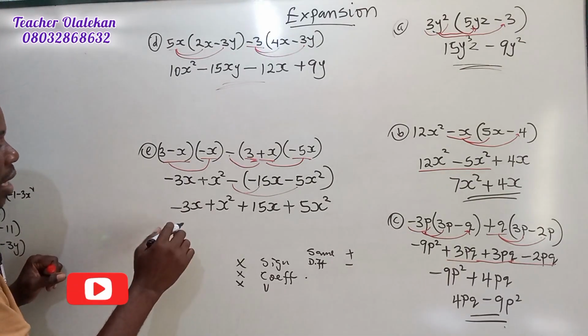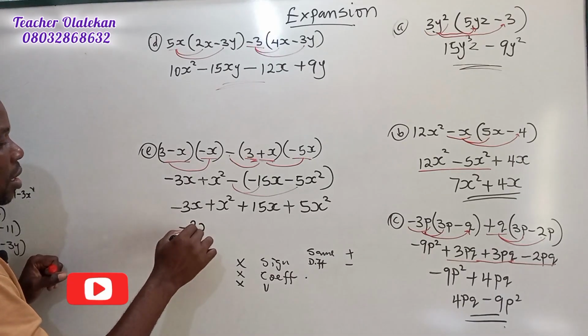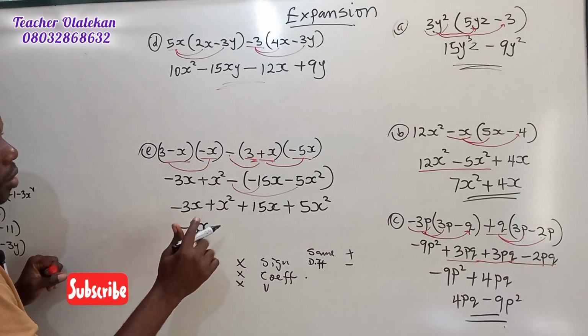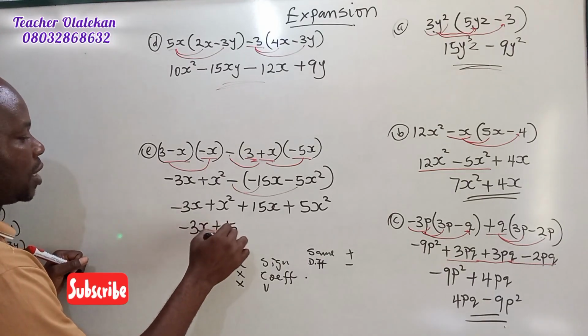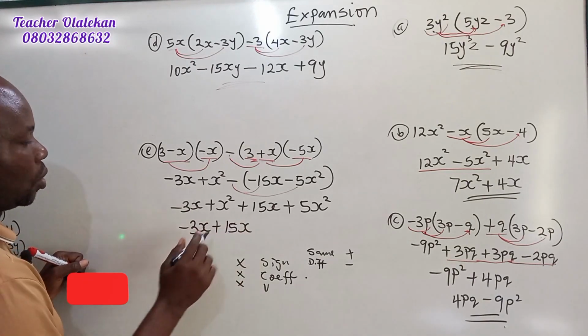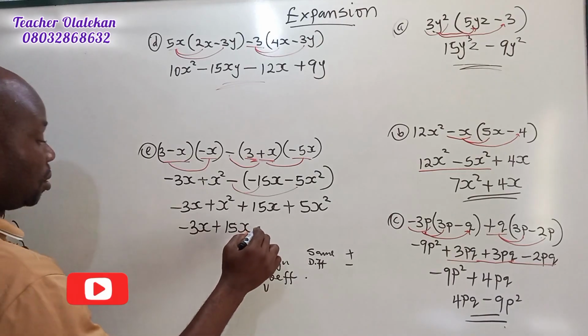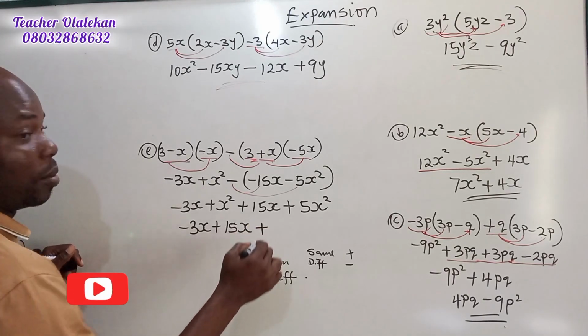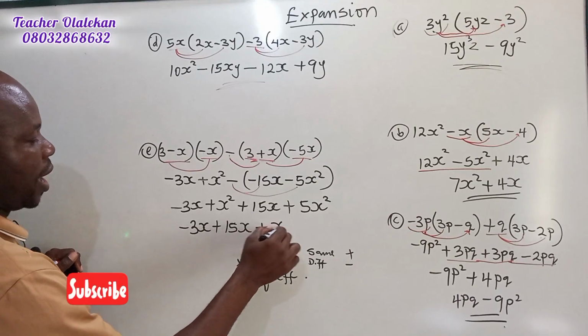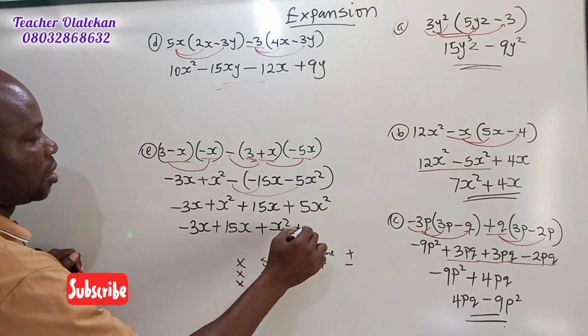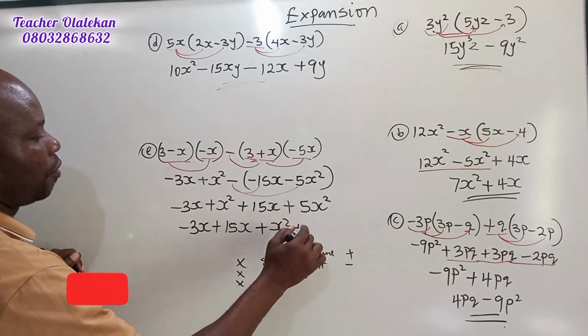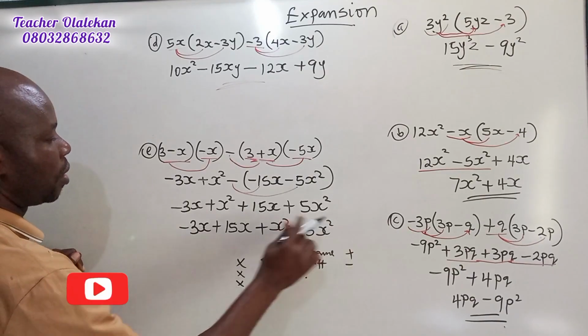Collect like terms. That's negative 3x, right? Good. 15x, right? Good. And this will be what? Positive x squared, positive 5x squared, right?